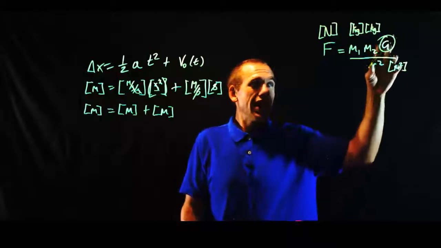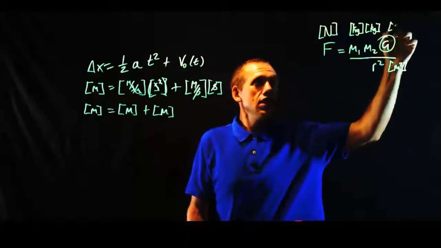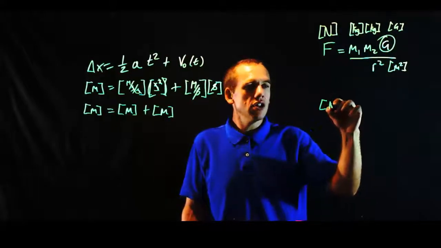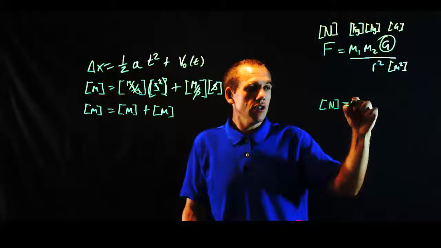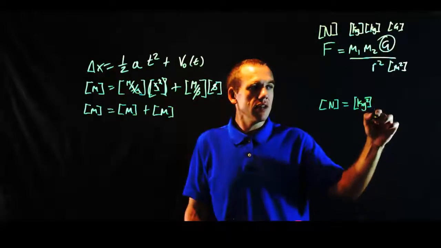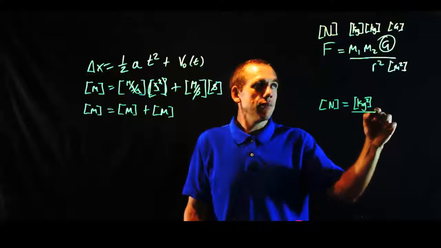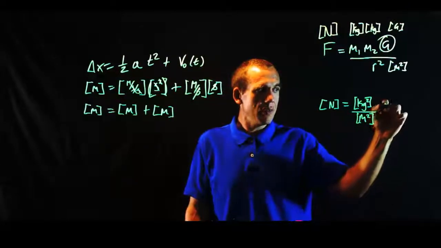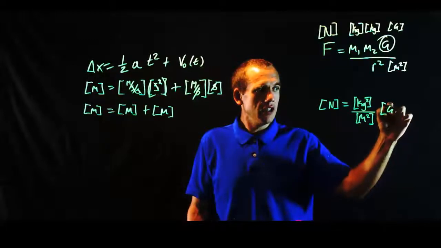Well, that means I want to isolate the dimensions of g. So I'm just going to put g in my bracket. I'm going to rewrite all that, and I have the dimension of Newton is equal to kilograms times kilograms, which is kilograms squared, divided by meters squared times the dimensions of g.